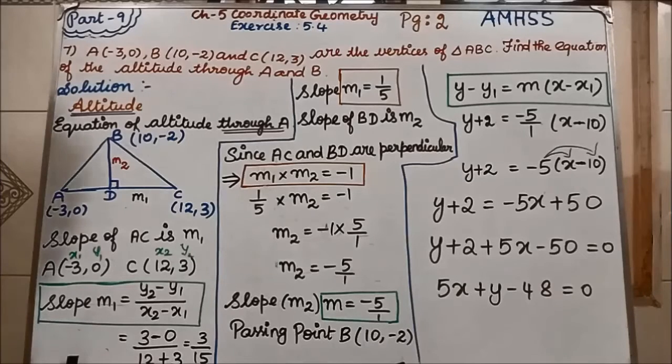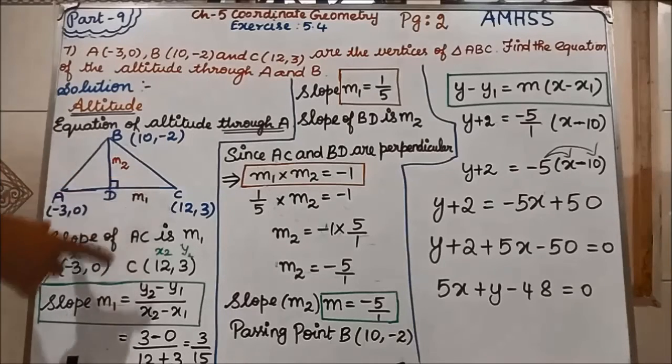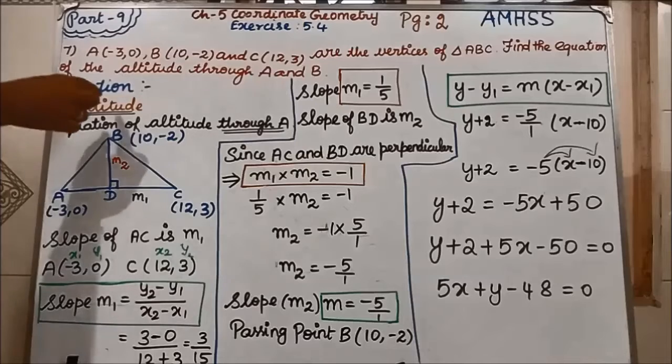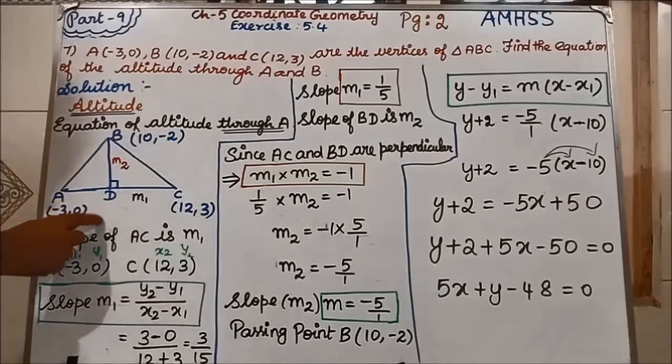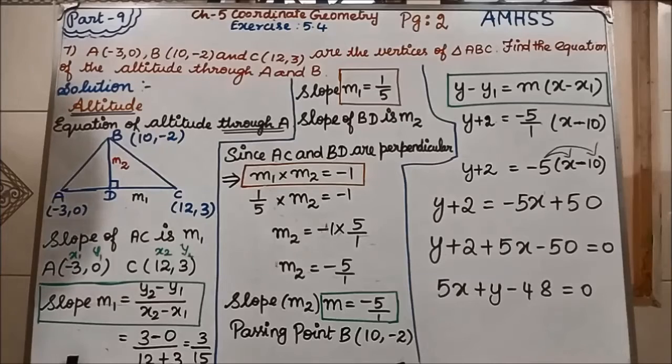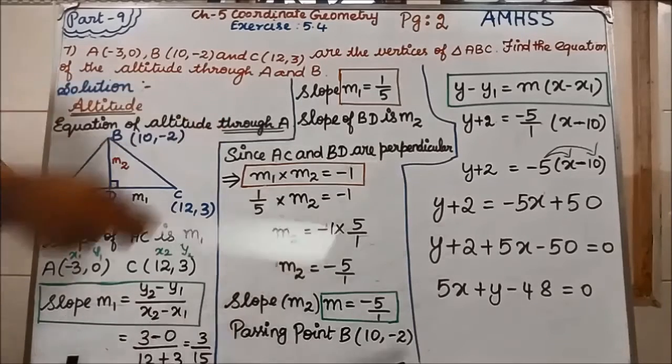Clear, students? Next step, we have to find the slope of BD. We have got m1 as 1 by 5. To find the slope of BD, we have only the vertex B. We don't have the vertex D. So what will we do? We will go for the perpendicular condition.